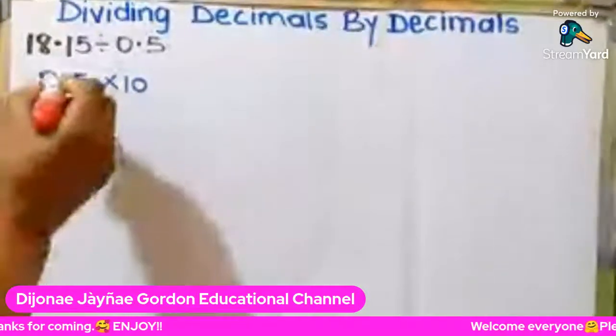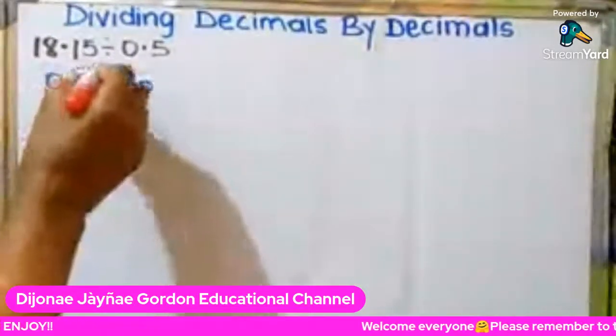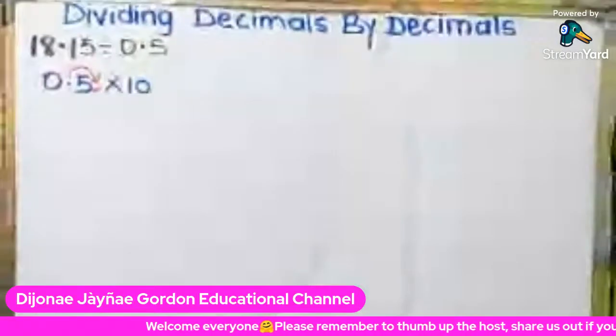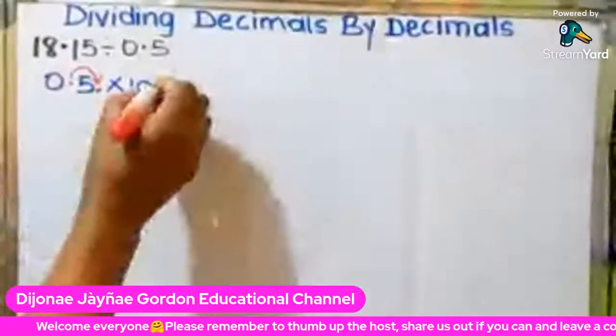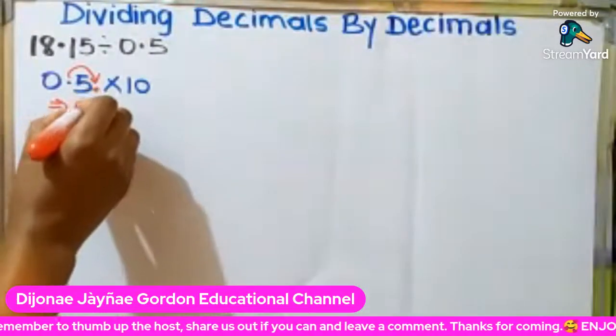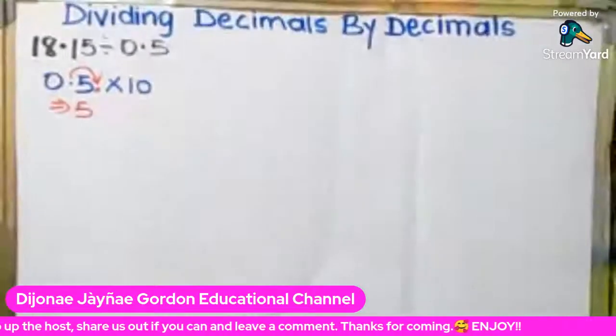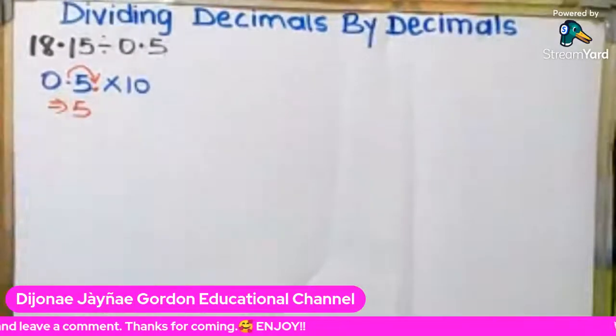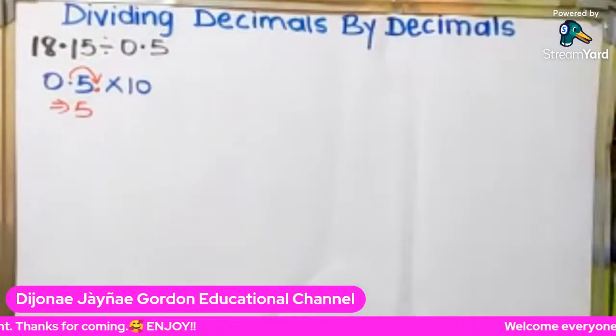We move one place to our right. All right, so the decimal point is now going to come after the 5. So we would end up with 5. All right, so now our divisor is 5, and of course 5 is a whole number.